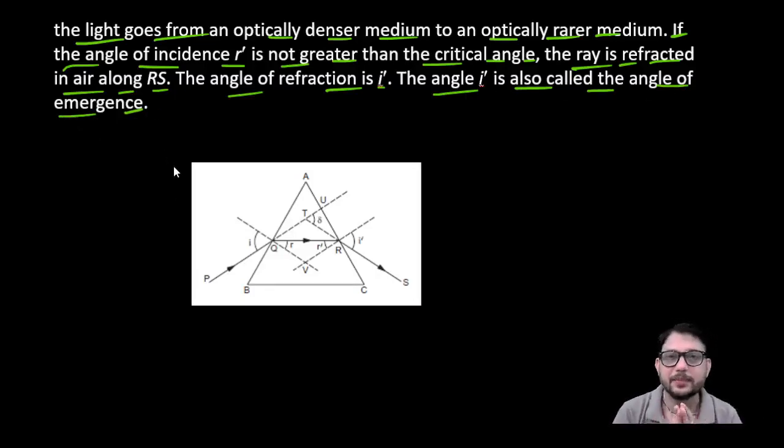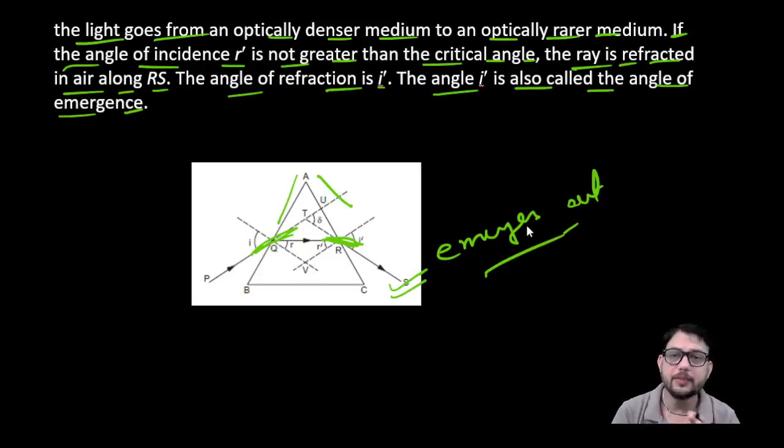What does it mean? As I have told you, there are two interfaces, two refracting surfaces. First one is AB, and second is AC. So this is your first interface, this is your second interface. Light is refracted from the first interface, then refracted by the second interface, and finally this ray emerges out.